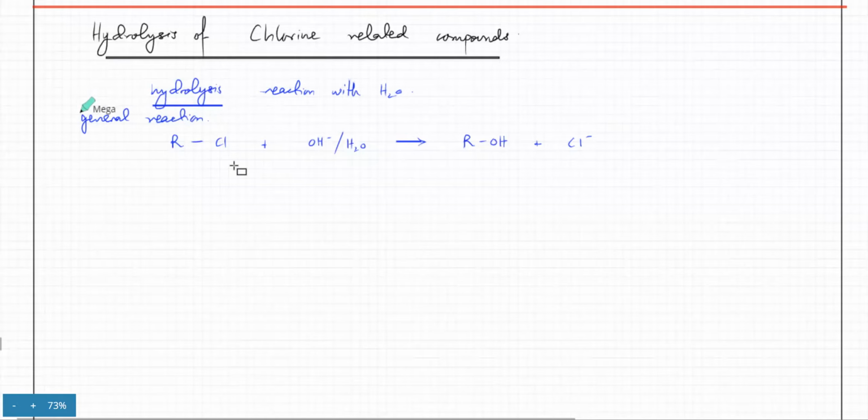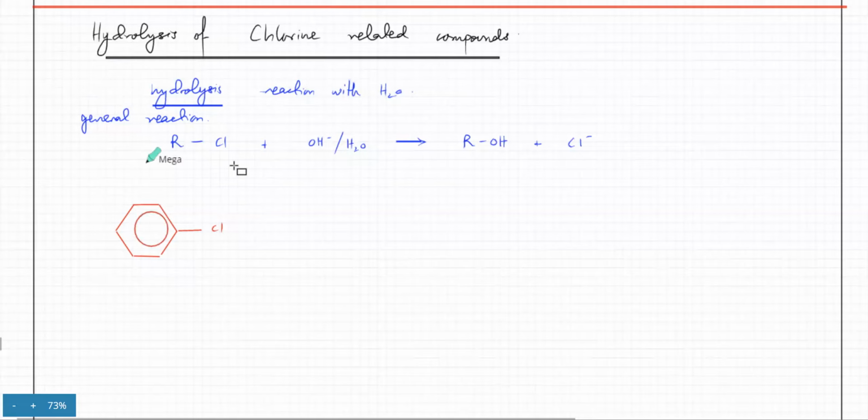Now, the first chlorine-related compound that we will talk about, and let me make a table first. So I have a benzene, and that benzene has chlorine attached to it. Here's my benzene, and here's a Cl.